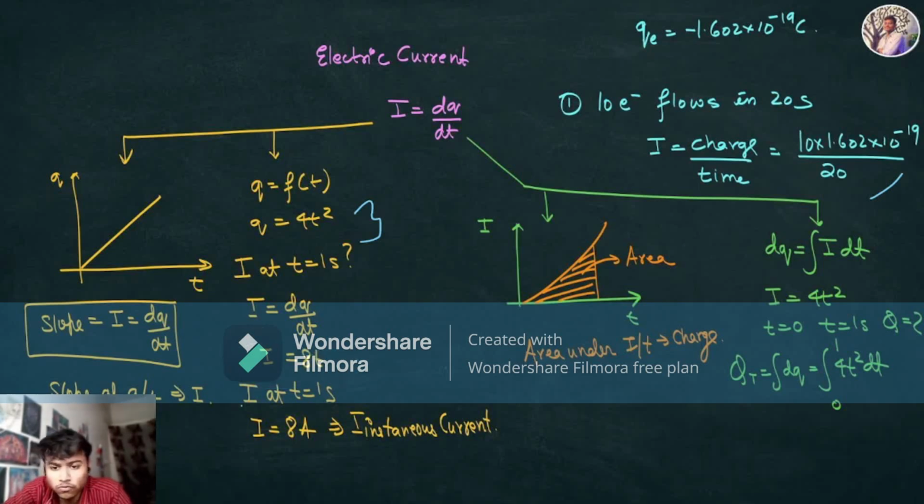Put t equal to 1, and we get the current as 8 ampere. And how do we get the charge?